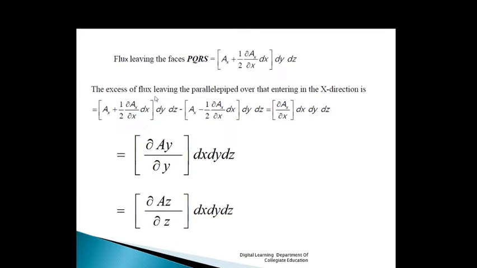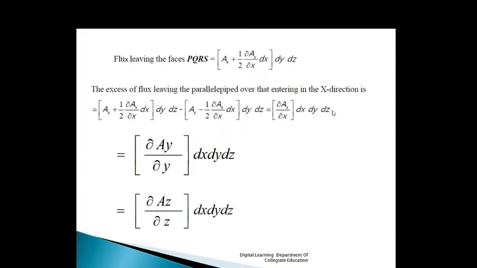The excess of flux leaving from the parallelepiped over that entering in the x direction can be written in this form. In this case, plus Ax minus Ax cancels, remaining half of ∂Ax/∂x dx dy dz plus half of ∂Ax/∂x dx dy dz.